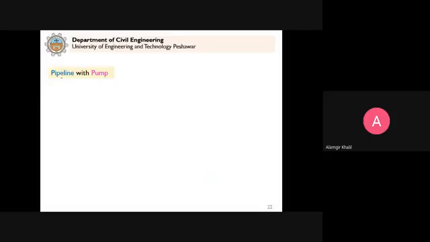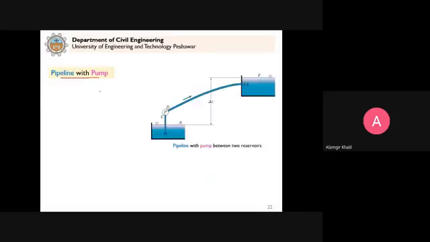Now, if we have a pipeline with a pump, let's say we have two reservoirs, and as I said, the pump adds energy to the flow of water. With the help of the pump, we lift the water and then it is discharged to another reservoir here.